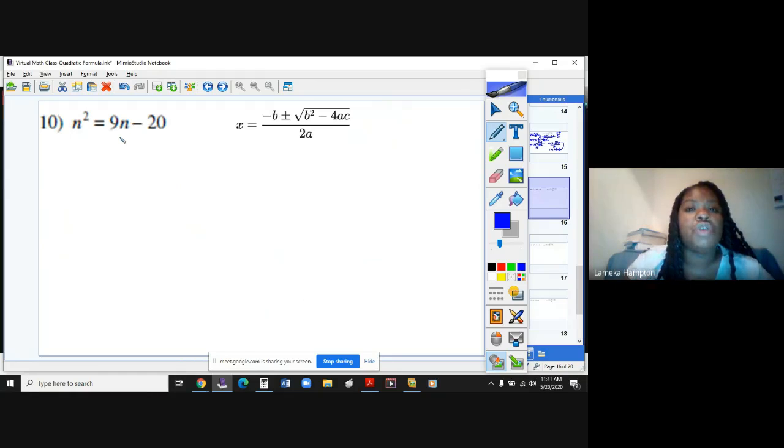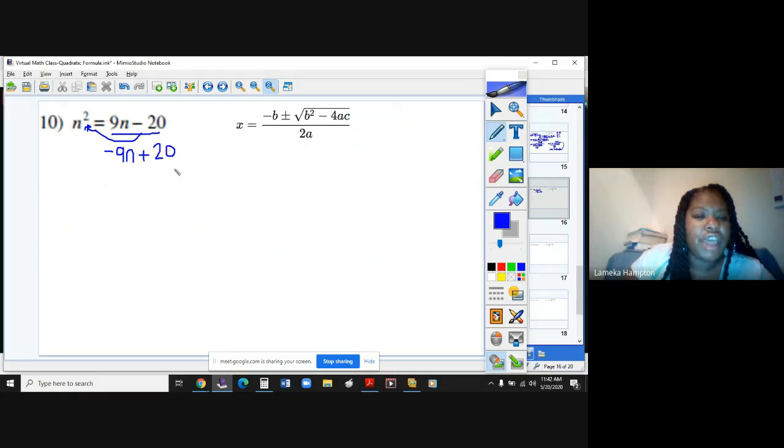The two things we're going to move are the 9n minus 20. We're going to move all of that to this side. Now, how in the world do we do that? Well, it's simple. I am going to subtract 9n and add 20, and simply move all of this over to the side with the n squared.